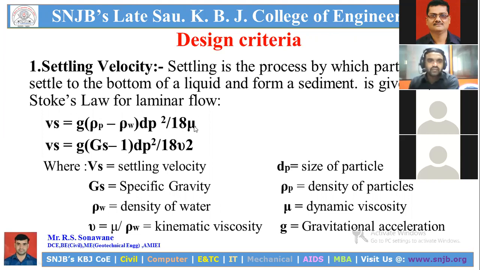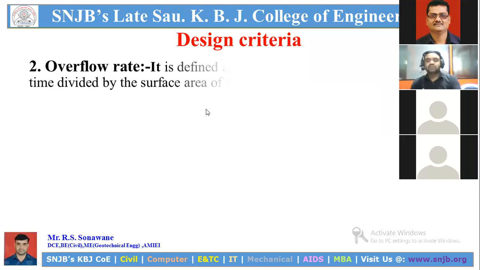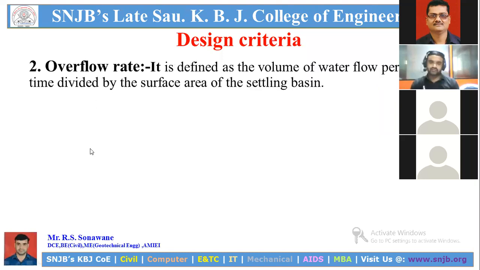Now the next criterion is overflow rate. It is defined as the volume of water flow per unit time divided by the surface area of the settling basin.